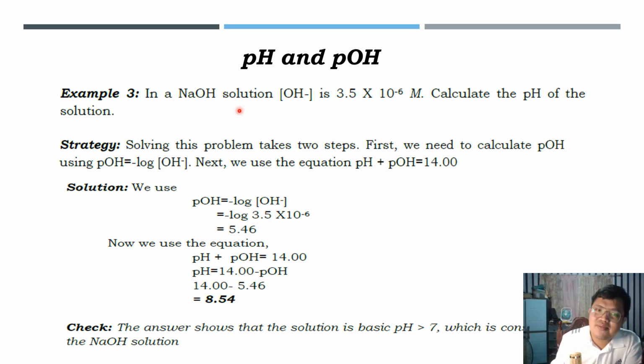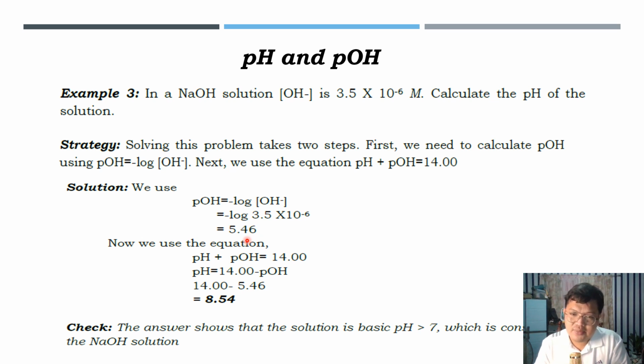Okay, so let's come now to the solution. We use POH is equal to negative log OH negative equals negative log 3.5 times 10 raised to negative 6. Saan to galing? Diyan sa given sa problem. 3.5 times 10 raised to negative 6. The answer is 5.46. Now, using our scientific calculator to check if we have the correct answer, so let's check.